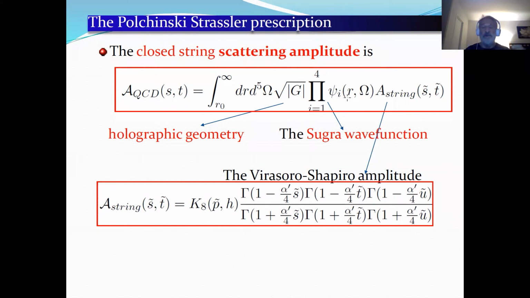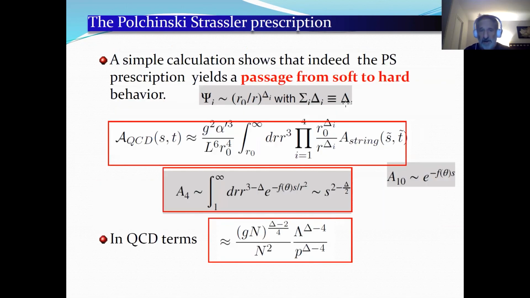If you are scattering a closed string tachyon, you take the supergravity wave function of the corresponding tachyons, and then you integrate over the holographic direction, for instance in the AdS hard wall model, from the wall up to infinity.